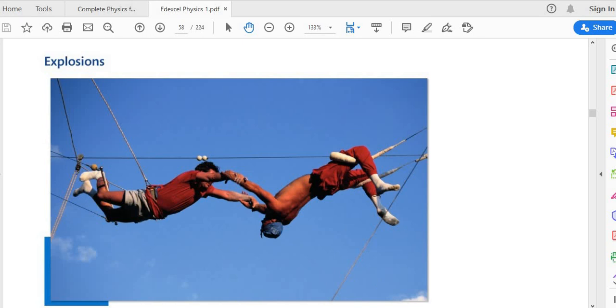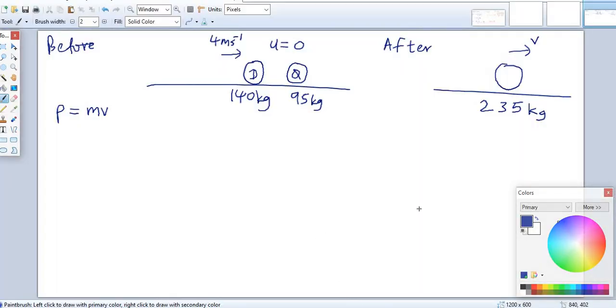Now in a real explosion, in normal life, when we use the word explosion, everything is stationary and then the pieces fly apart from each other. They have to move in different directions, because in an explosion all of them can't move in the same direction, because of the law of conservation of momentum, which states that the total momentum before should be equal to the total momentum after.